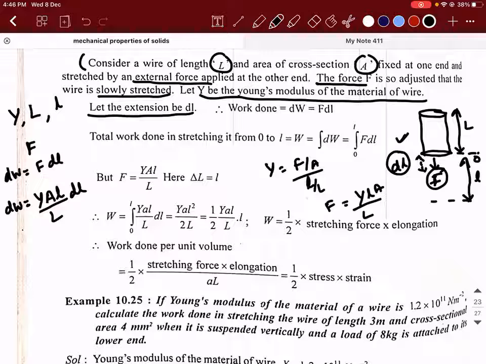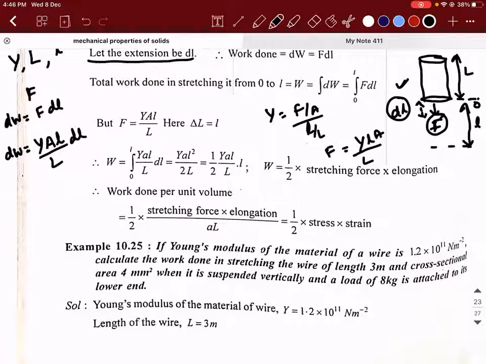I hope everybody is writing along with me. So y into A into small l divided by capital L into dl. So this is the value of dw, right? Now you observe you have dl, which is a differential coefficient, and a variable l.